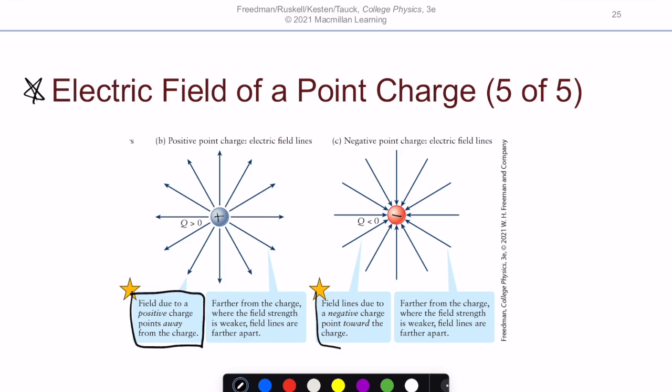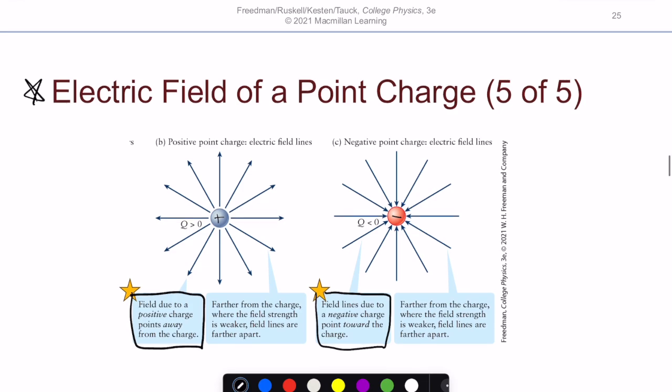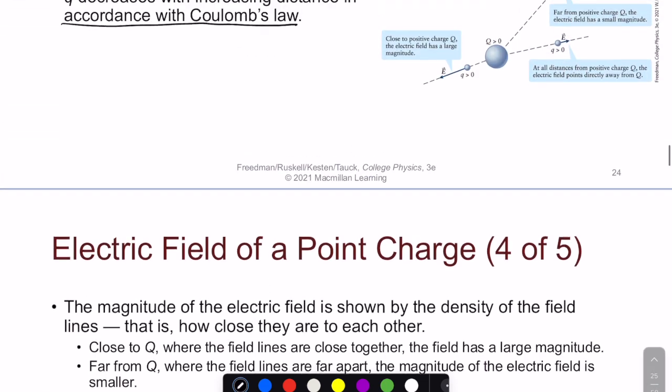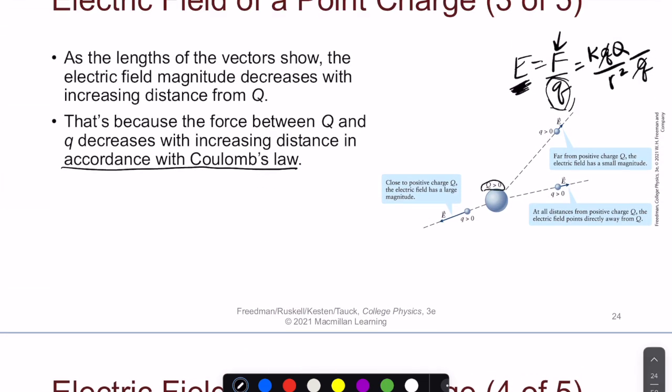Field lines due to a negative charge point directly toward the charge. And so that's why if we scroll back up to this figure, here we have a positive charge and you see the field lines are pointing directly away. Here we have a positive charge and the field lines are pointing directly away.